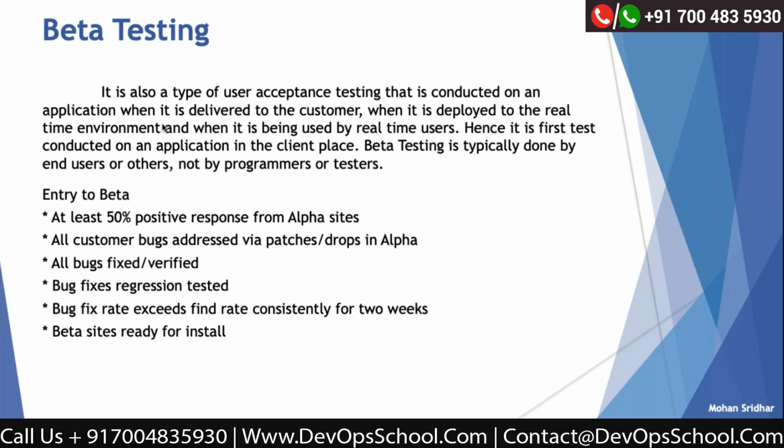Again, it depends on the organization. Some organizations have a separate team for beta testing and a separate team for alpha testing, but in most companies the testing team will do one round of execution as soon as the application is deployed, with high level testing only.